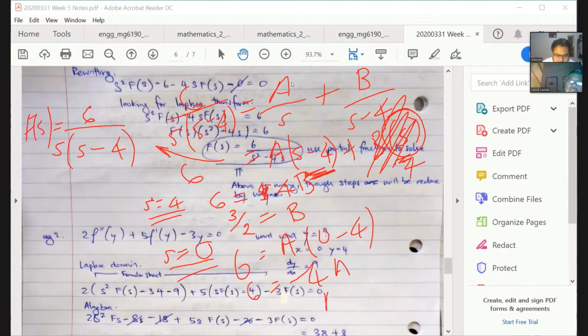So A is equal to minus 3 over 2. You get lots of marks just by doing that partial fractions step. It's 10 marks in the exam. Just by substituting values for s and doing your partial fractions, you already get full marks.